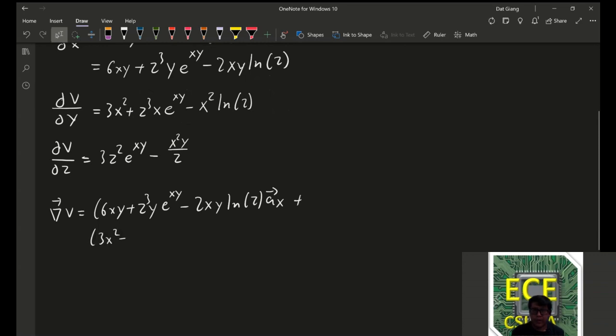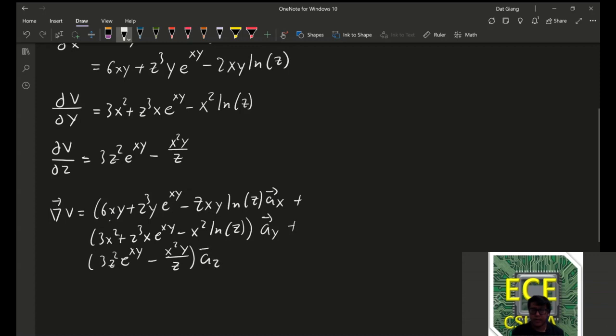So it's going to be 3x squared plus z cubed x e to the xy minus x squared ln of z. Okay, so we have this in the y direction. And then lastly, we have 3z squared e to the xy minus x squared y divided by z in the z direction.